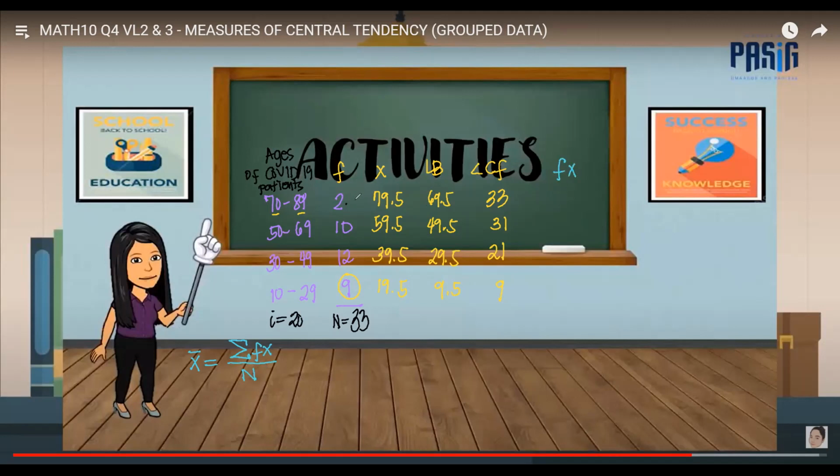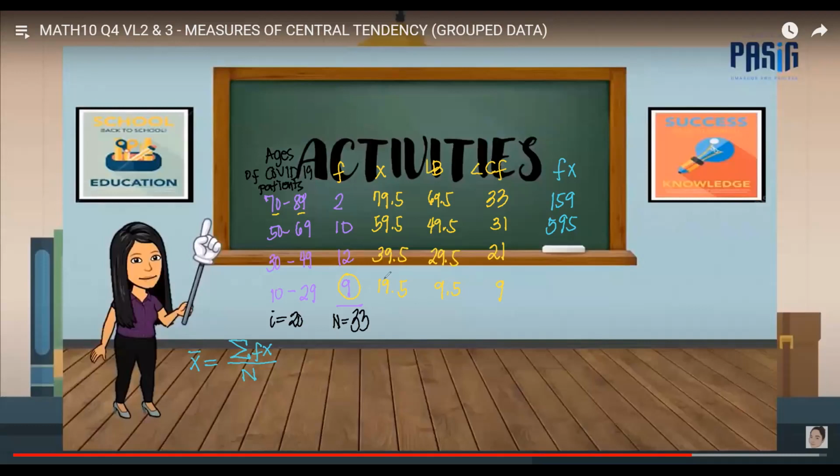Multiply muna natin sila. 2 times 79.5. What is 2 times 79.5? 159 po, ma'am. 159, correct. What is 10 times 59.5? 595.